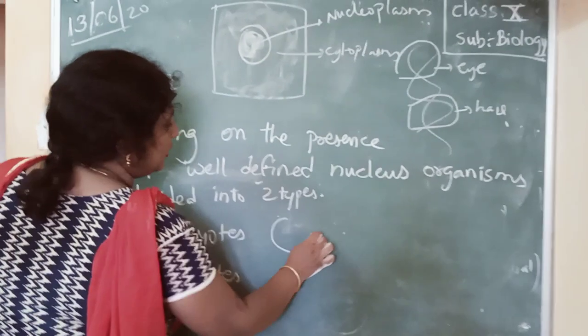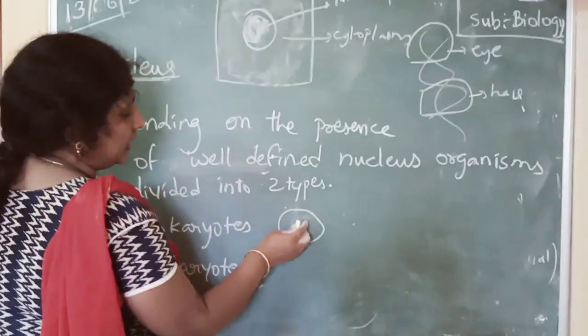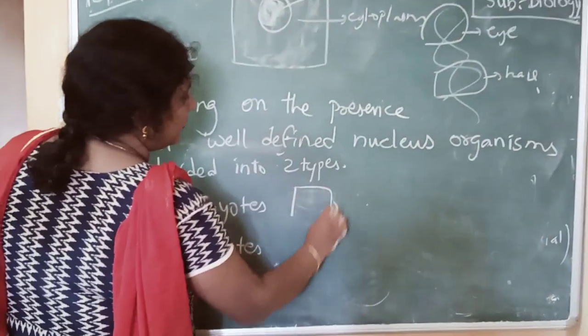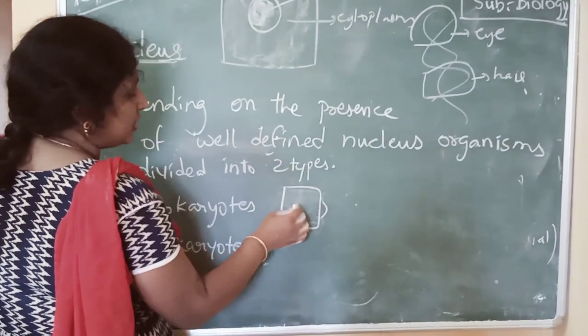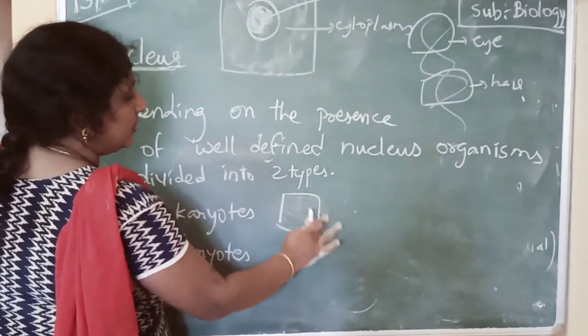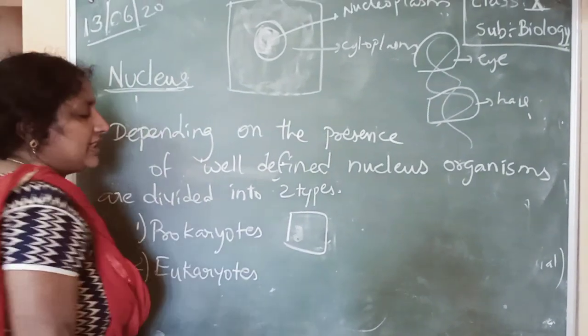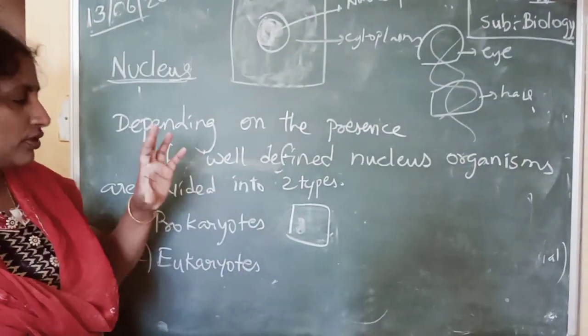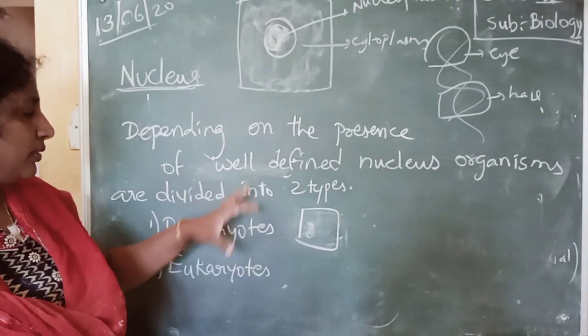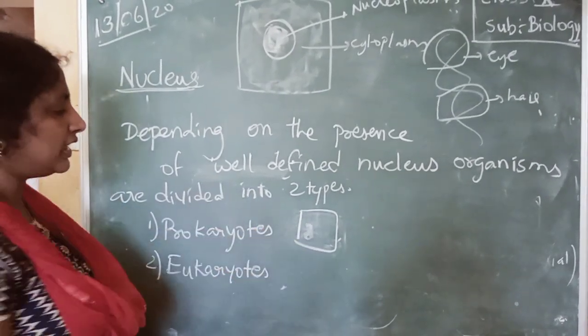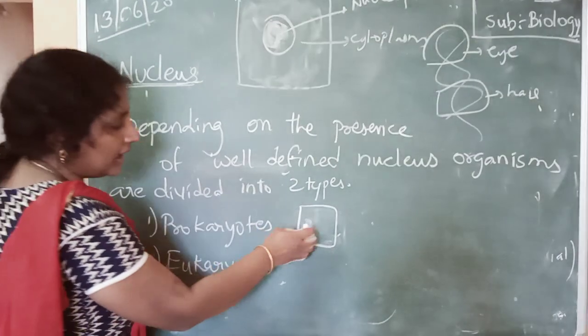This is a prokaryote cell. In prokaryotes, the nucleus is not well-defined. The genetic material is present like this. There is no specialized nucleus or membrane-bound organelle.